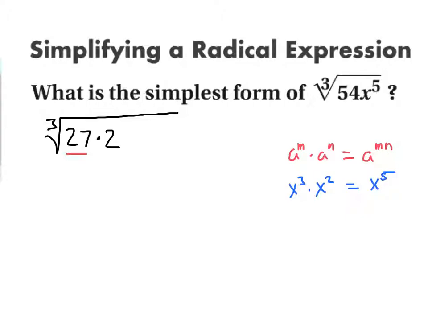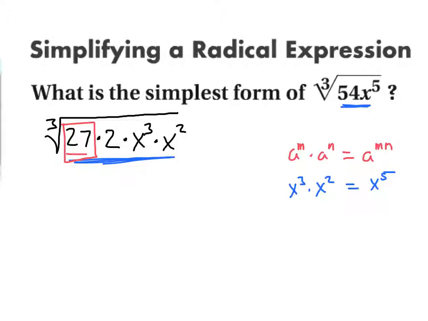Catch what I'm saying? Everybody picking up on what I'm doing? So then I have x cubed times x squared. Now, if I multiplied all my radicand together, I would get that 54x to the 5th. But of course, I don't want to right now. We're simplifying it, we're taking it out of the radical. So what I want to do now is actually take the cubic root of 27.